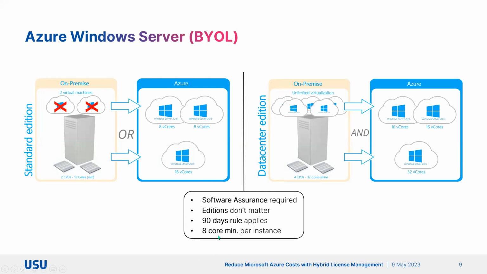There was an additional rule that we needed to license in 8-core steps, so to speak. So for a 20-core machine, you formerly needed 24 licenses, 3 times 8. And from the beginning of May, you only need 20 licenses for such a workload. That's new and notable.